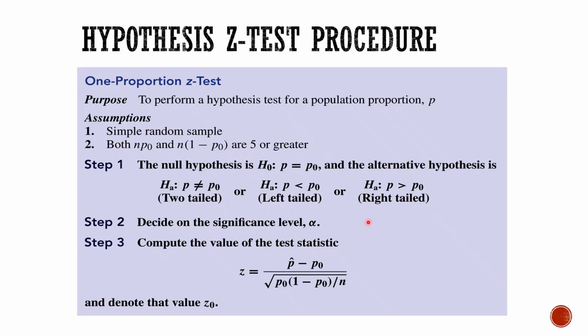So the alternative hypothesis can be one of these three statements, all right? It could either be not equal to, less than, or greater than, one of these options.